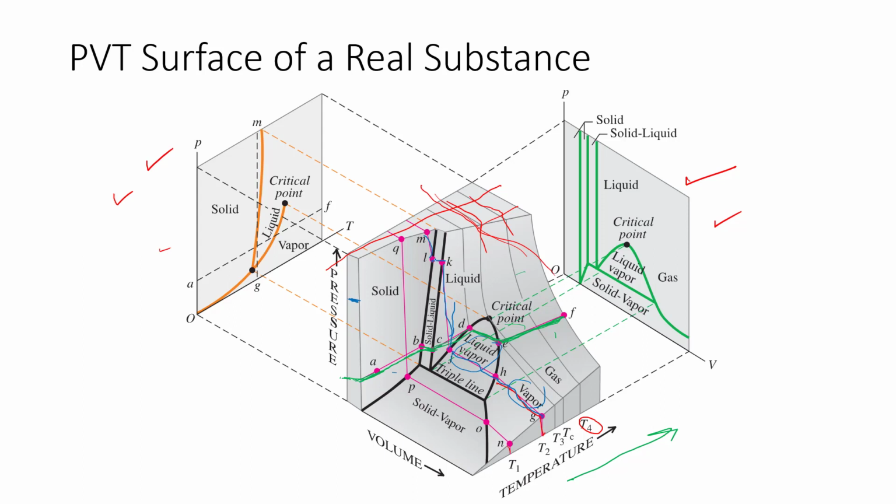At L the transformation completes, and everything after L would be in solid phase. And once it's in solid phase, again, like I said before, it would be really hard to compress the substance. To compress it by a little bit, you will need to apply large pressure.